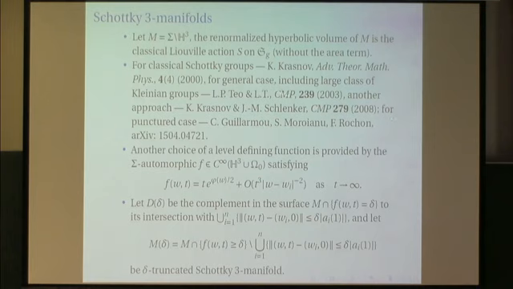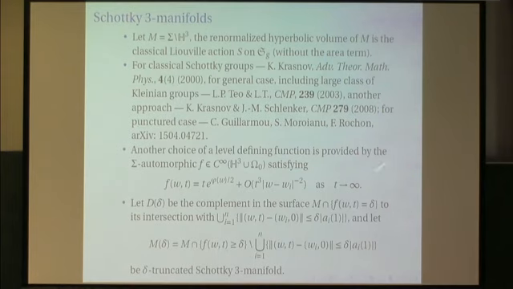There was one technique we did with Theo. Another approach was done by Krasnov and Schlenker. Guillermo discussed this approach in detail. But what's interesting here, for the same manifold M, you can define its regularized volume differently by taking into account the marked points.